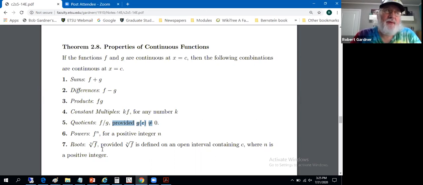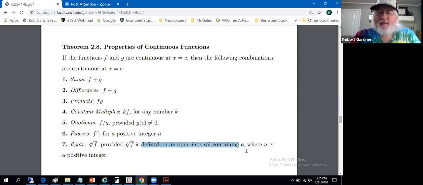Now this one I'm going to be worried about maybe square roots and negatives, so this will need a little more justification. The nth root of f is continuous at x equals c, provided the nth root of f is defined on an open interval containing c, and n here also is a positive integer.